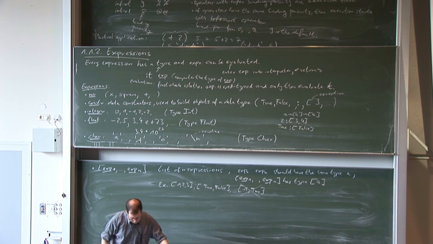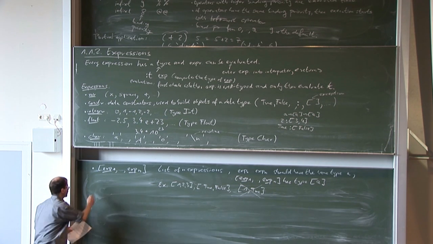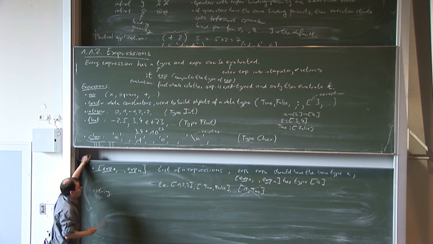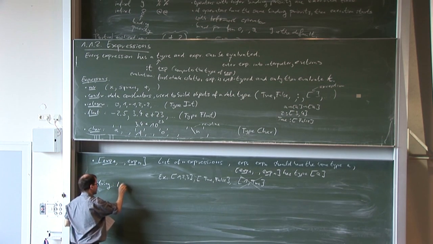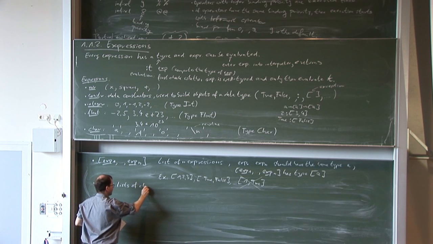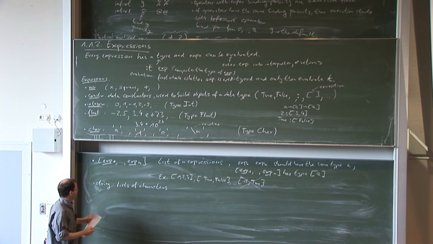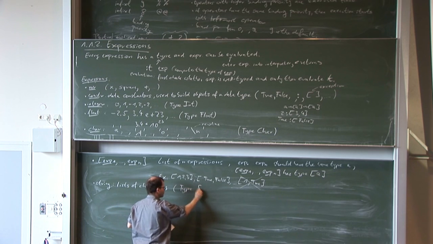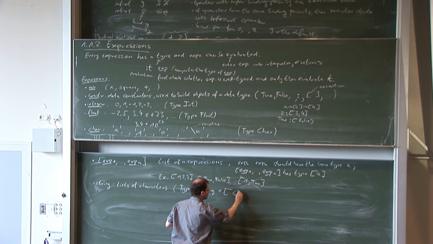And the last thing for today: one special case of lists are strings. Strings are simply lists of characters. So there's a data type string, and this data type is identical to a list of characters.